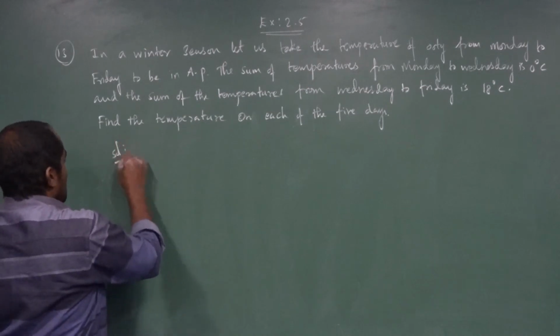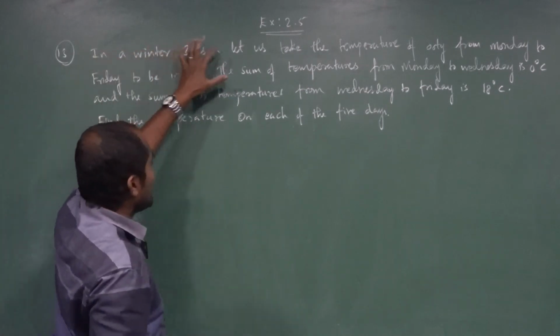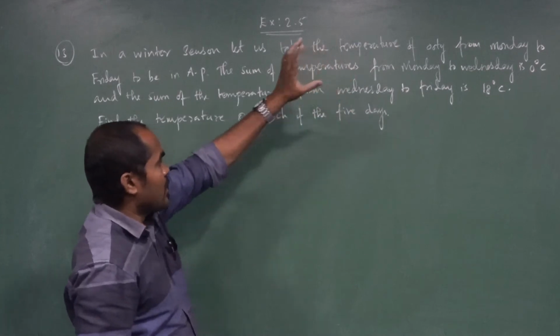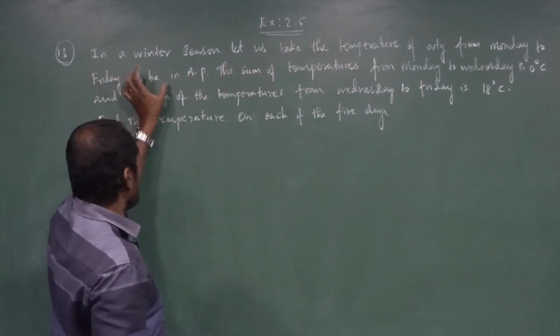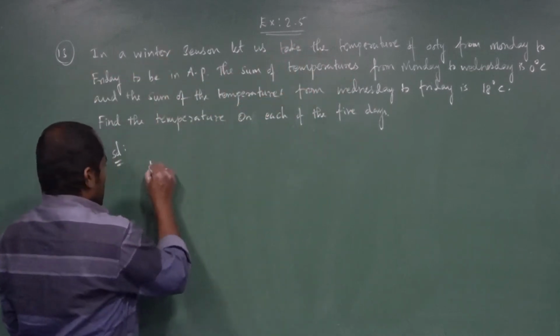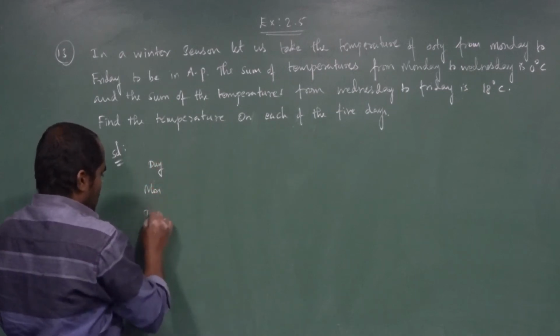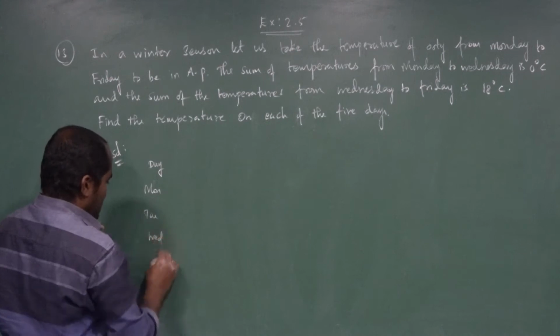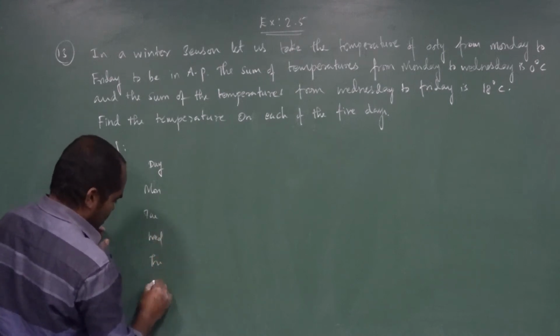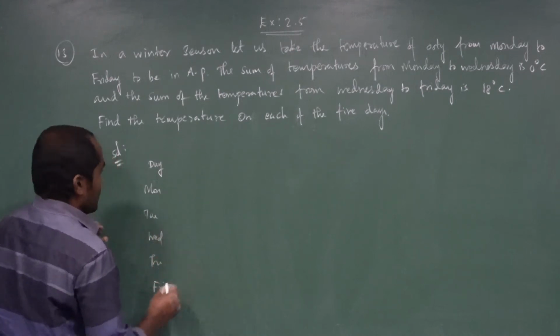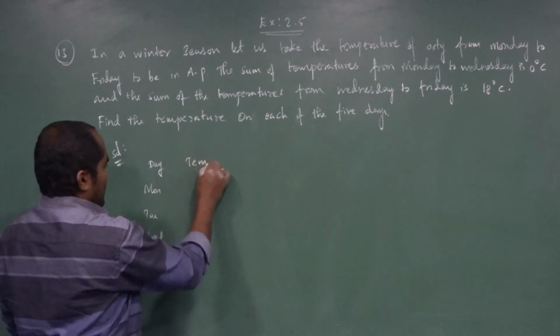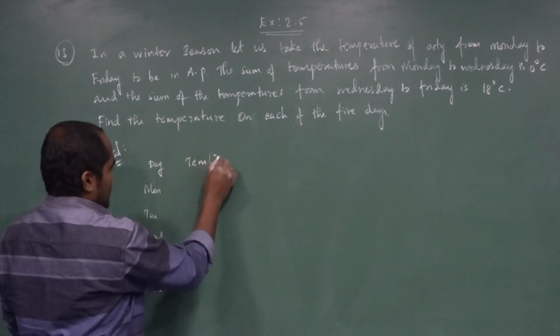Solution. So in a winter season, let us take temperatures from Monday to Friday be in AP. So here Monday, Tuesday, Wednesday, Thursday and Friday. Here temperature in degrees Celsius.